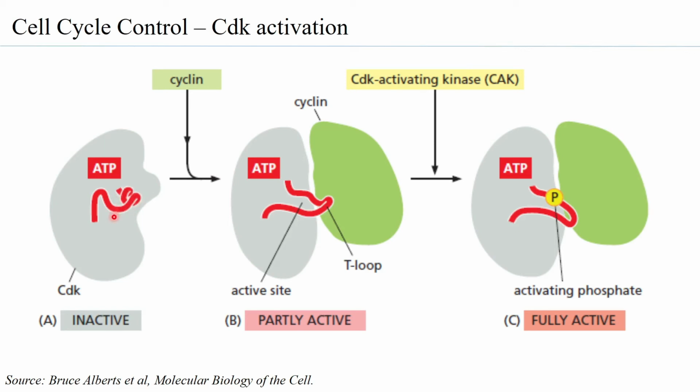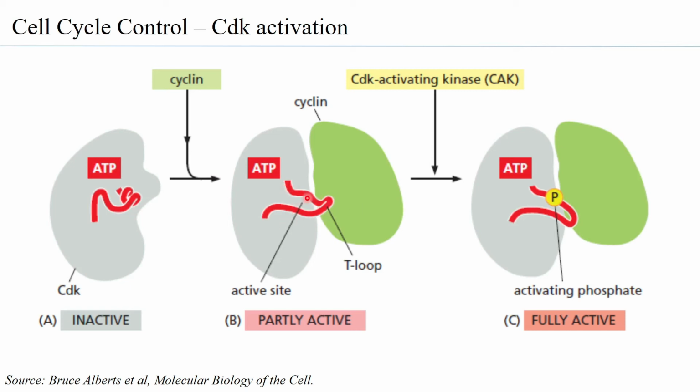It is almost like a cave opening being covered by a stone. Now when the cyclin binds to the CDK, you can see how the conformation of the CDK has changed. And with the change in the conformation of the CDK, this loop opens up and comes out of the active site.